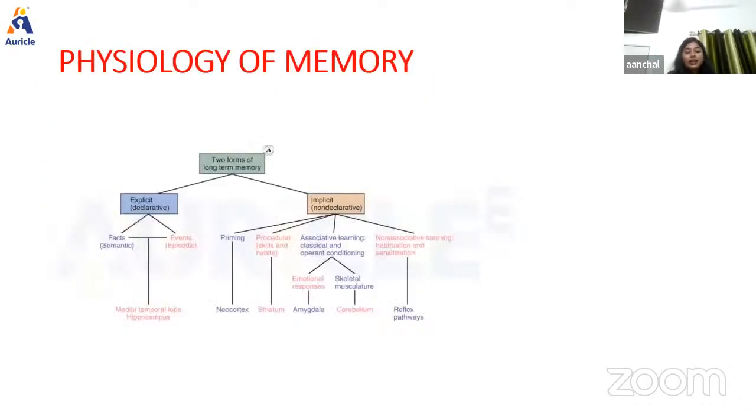Now next we have another important topic, that is physiology of memory. So what is memory?